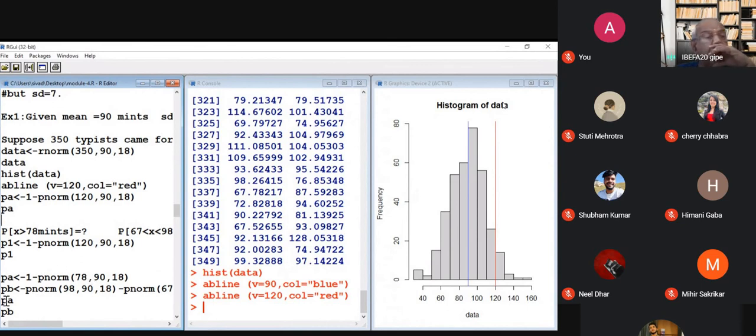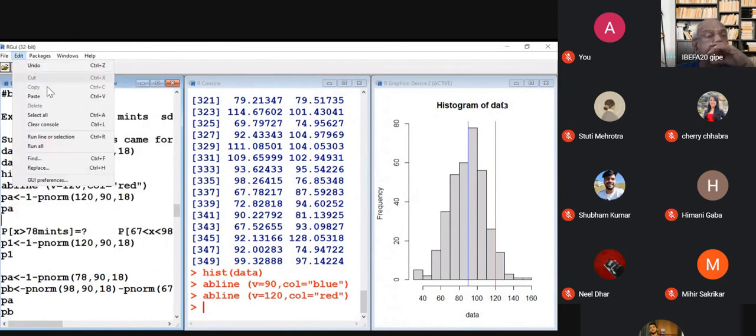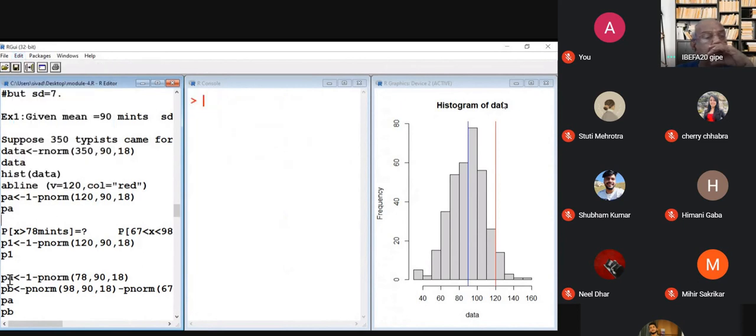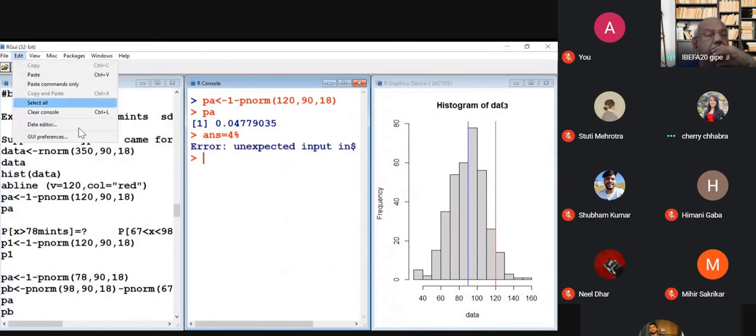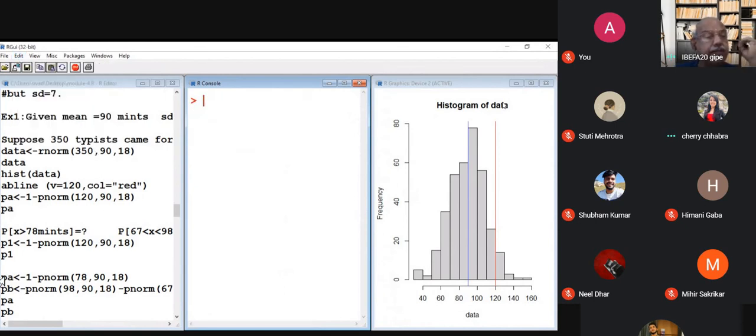So along with the graph, I get the answer. What percentage of typists have a speed above 120? It is 0.047, about 4.7%. So the answer is approximately 4%, correct now?